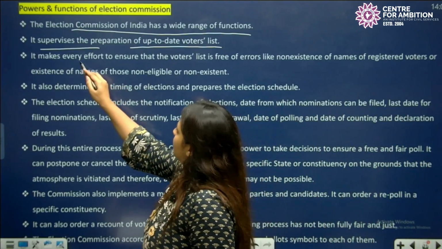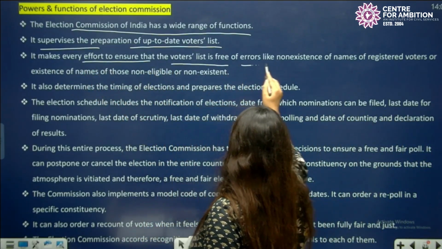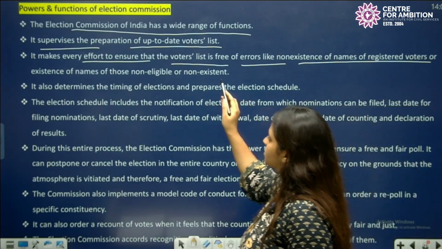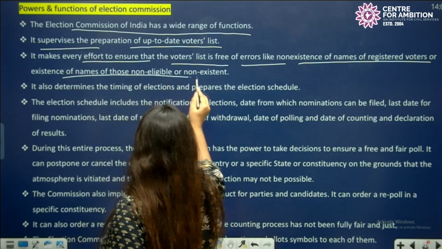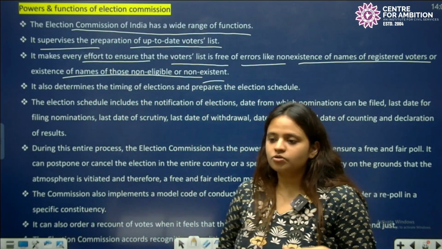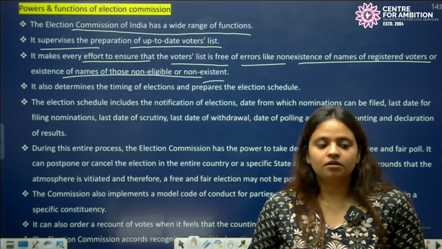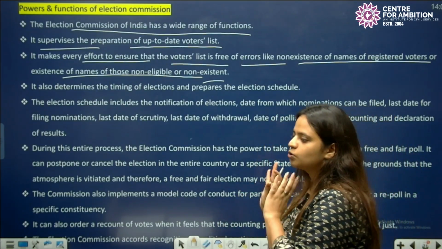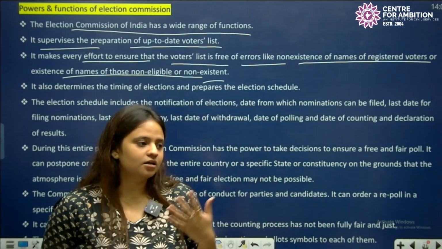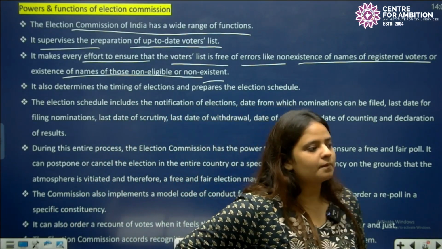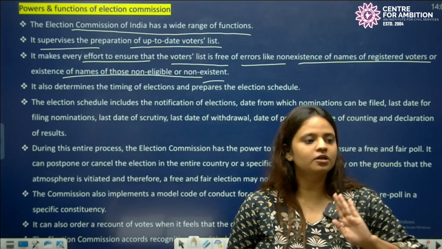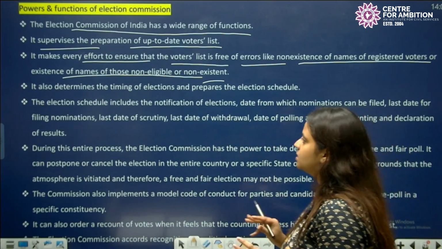It makes every effort to ensure that the voter list is free of errors like non-existence of names of registered voters and existence of names of those who are not eligible. So a person who has completed the age of 18 should have their name in the voters list, and those who have expired should have their names removed. So it keeps the list up to date.